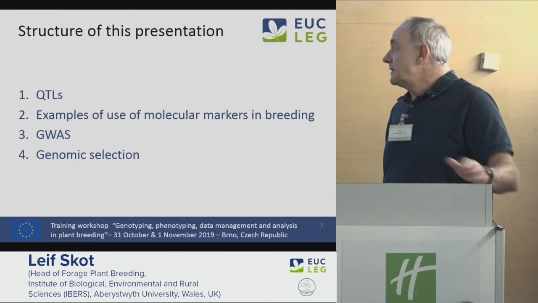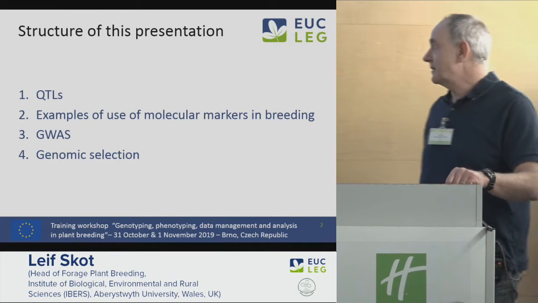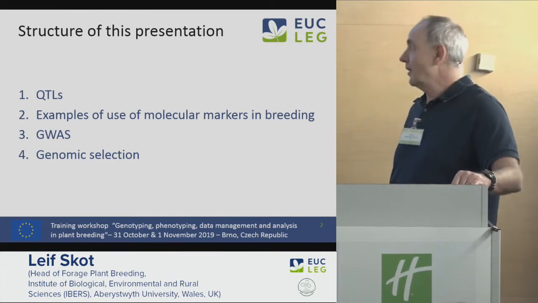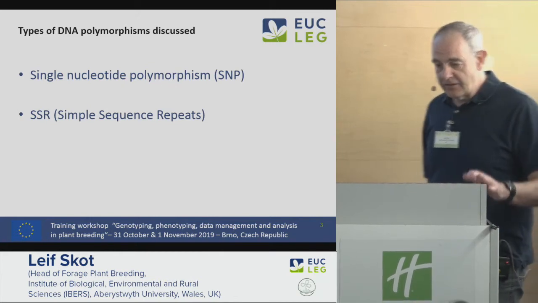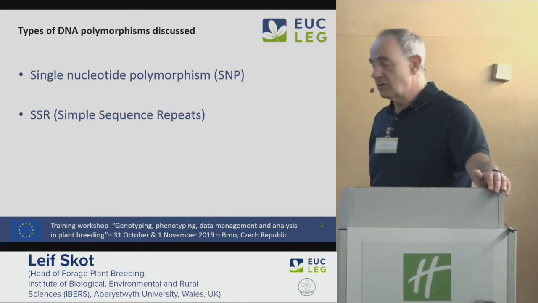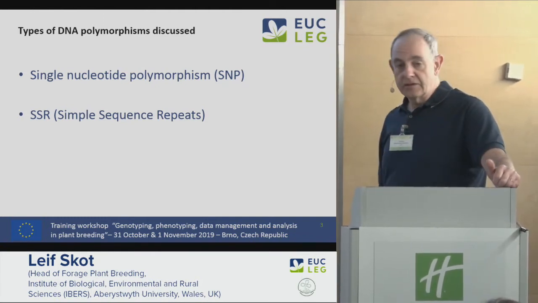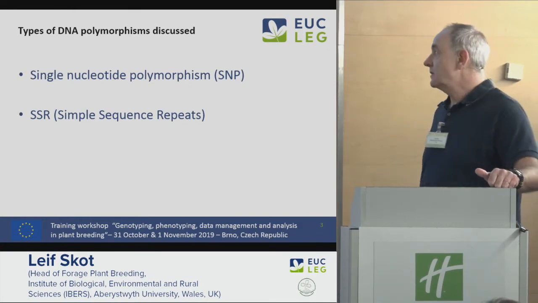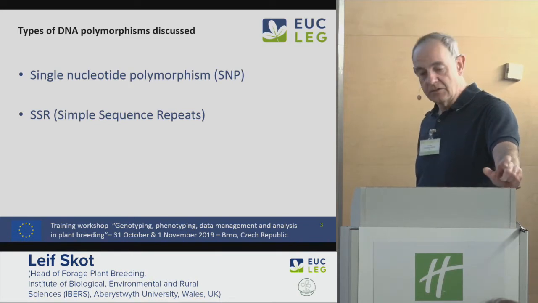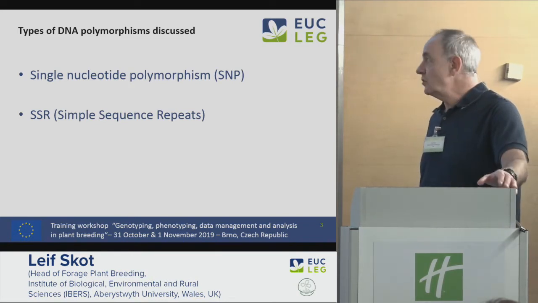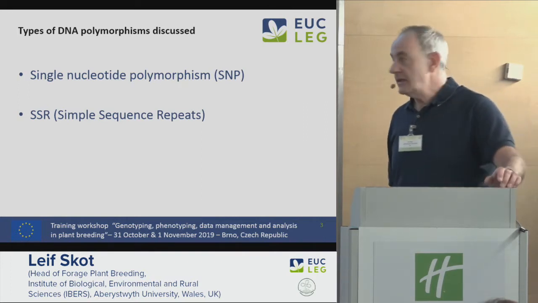But since markers are used in those 2 fields mainly now, I could not leave it out. Anyway, there have been a number of different markers over the years, but the ones I'm going to talk about today are only the single nucleotide polymorphisms that are sort of taking over almost everything, and SSRs, which are simple sequence repeats, so sort of from 2 to 6 bases of repeats, and they're very polymorphic and multi-allelic.